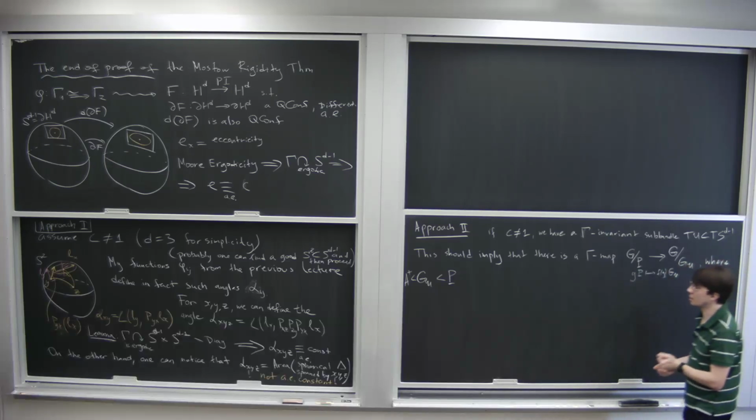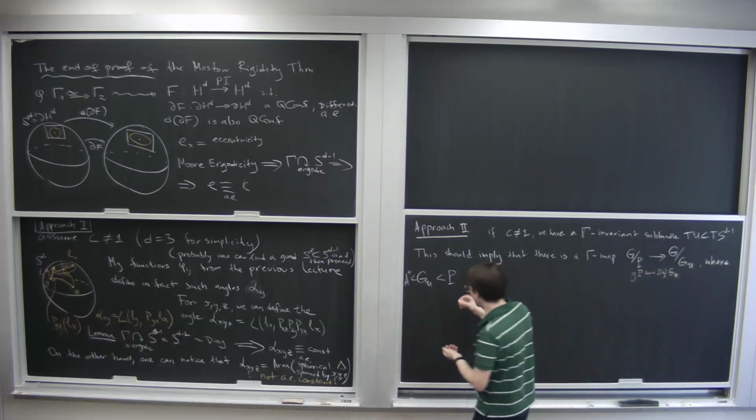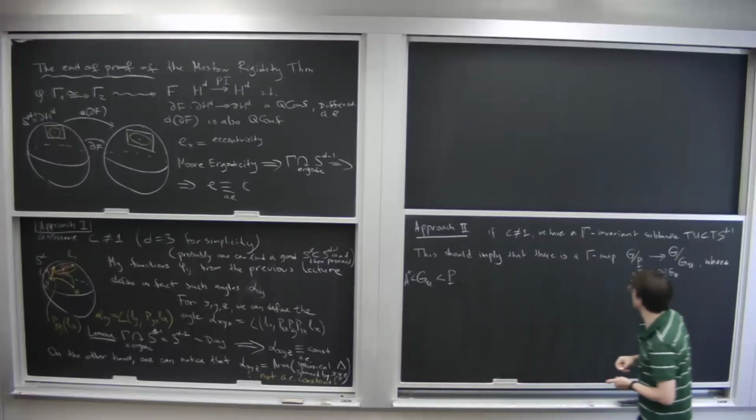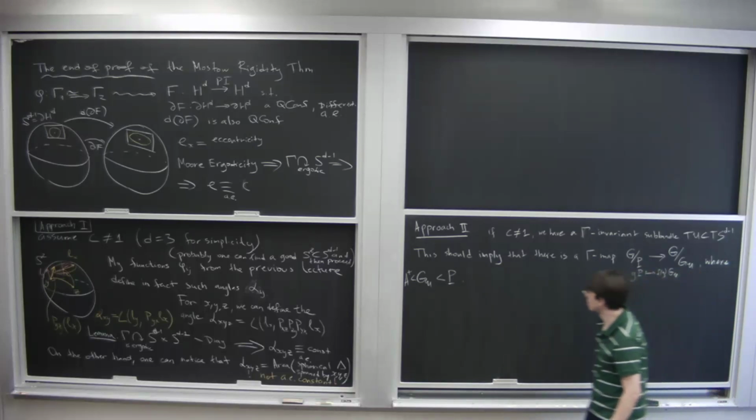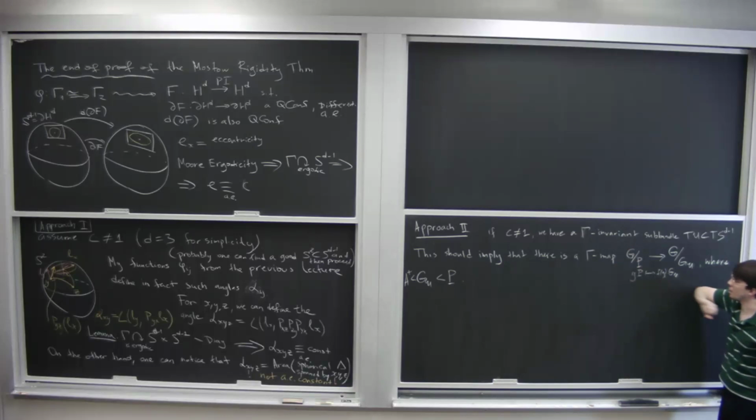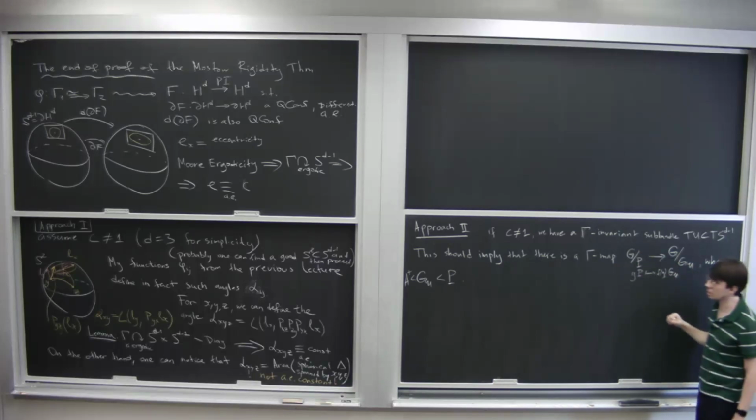But you probably can say that you have no such gamma maps. Okay, so this can be reformulated as no gamma maps from G to G mod GU, sorry.